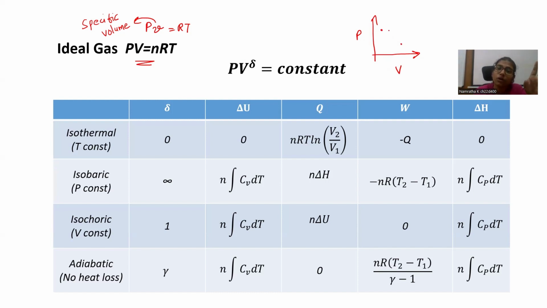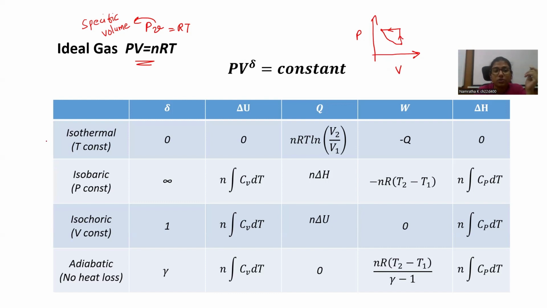So we can go in any way, okay? Either like this, or we can go like this and like this. Here the volume is constant along this path, and along this path, the pressure is constant. So that way, we define different processes that can happen when changing from one state to another state.